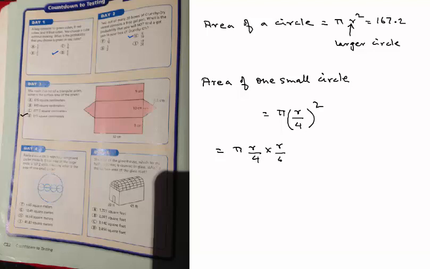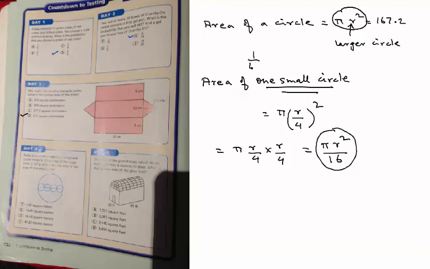A number square is the number times itself. And then if we multiply this, we get pi r square over 16. Now take a look at this and compare that with this. This clearly tells us that the area of one small circle is going to be exactly 1/16 of the area of the larger circle, right?